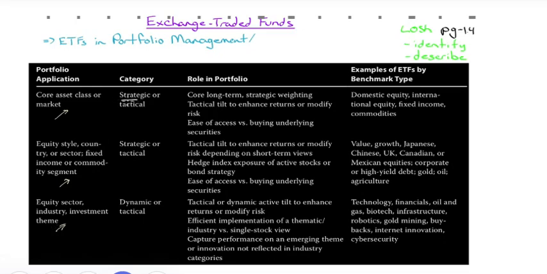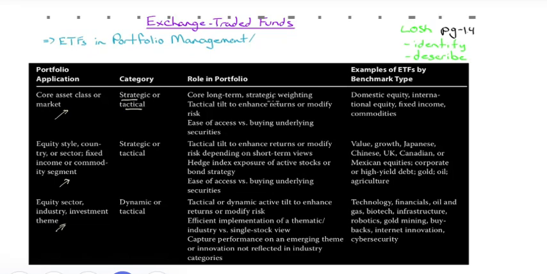So it can be used as part of the strategic asset allocation, or it can be used tactically. We might decide that if we're coming out of a contraction into an expansion, rather than having a 10% weighting in our bonds to high yield, we might want 20%. So we would add to that ETF and perhaps short a treasury ETF at the same time to lower our exposure there.